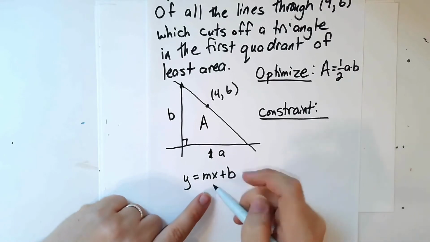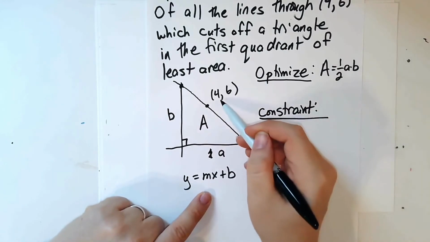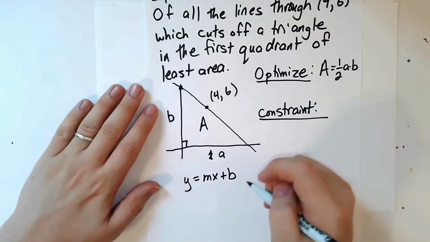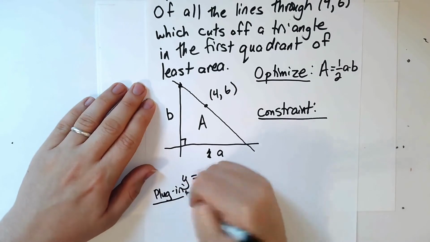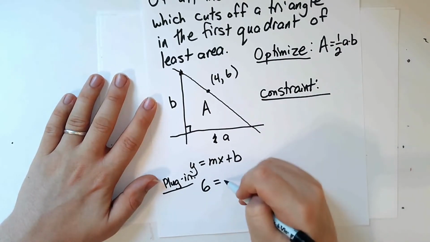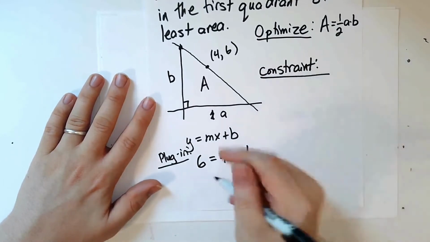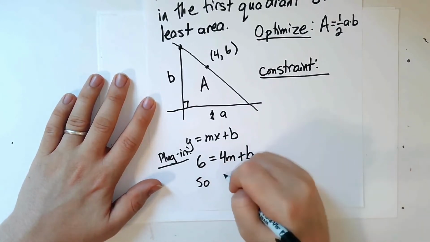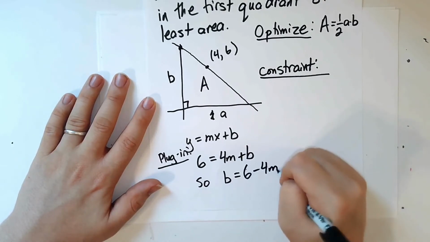But there's actually a relationship here between the slope and b, and that relationship happens because the point (4, 6) has to be on the line. So here is the phase where we plug in the point (4, 6), which will give us 6 equals 4m plus b. And so b is 6 minus 4m.